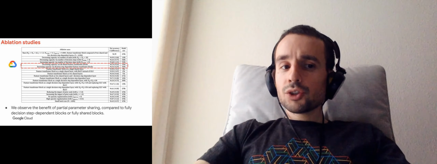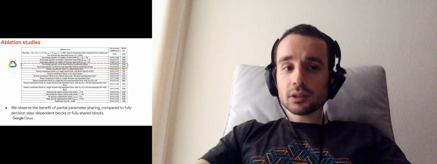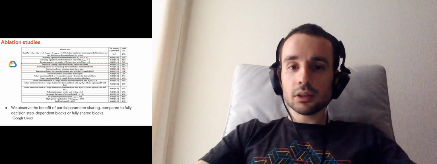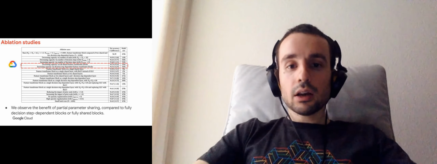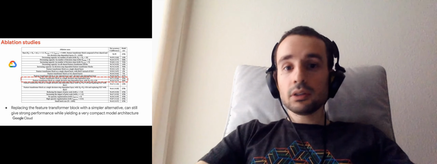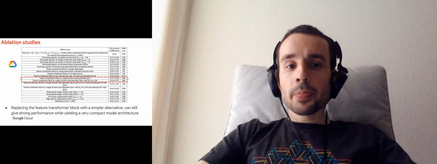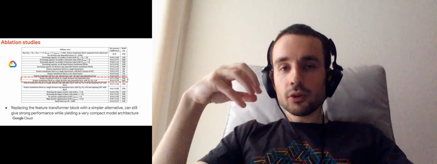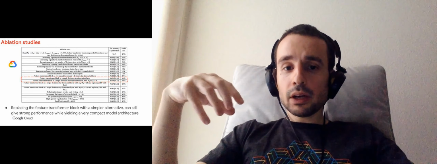Then we have shared layers and decision step dependent layers, and it's also an effective way of increasing and decreasing the model capacity. And there's typically an optimal that combines a mixture of those. Then we show the importance of the specific form of the feature transformer block that we used.